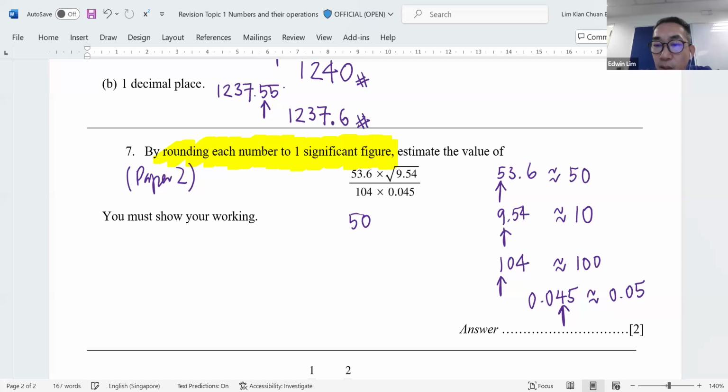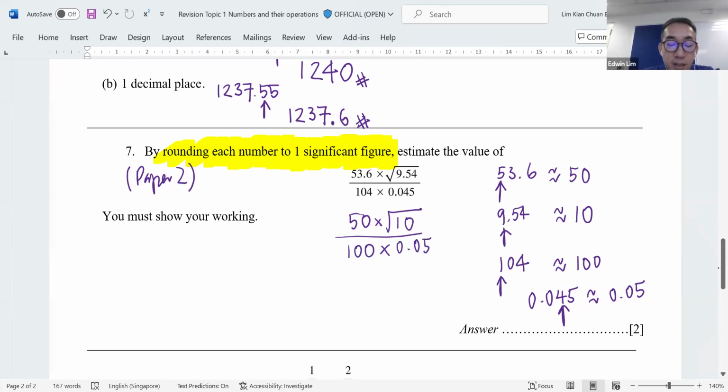0.05. So based on this, I will just need to rewrite it. Become square root of 10 over 100 multiplied by 0.05.